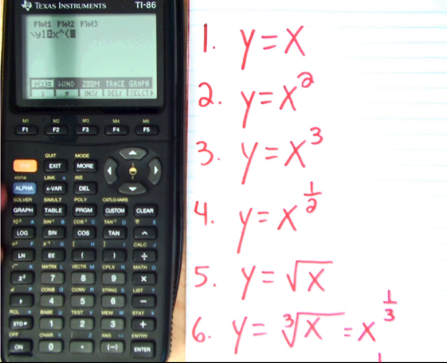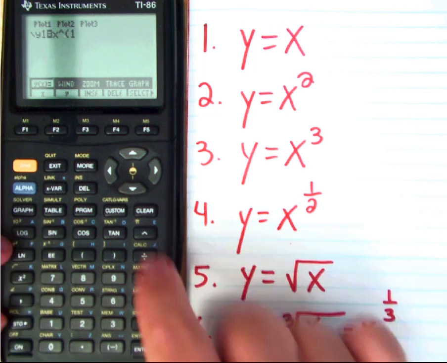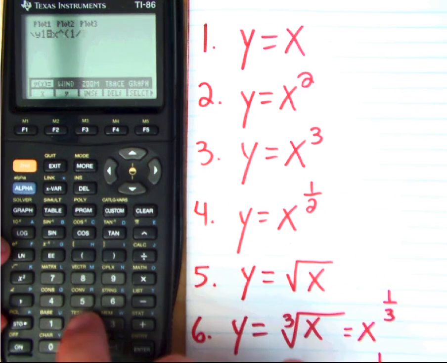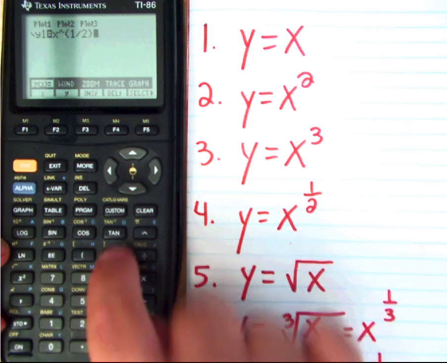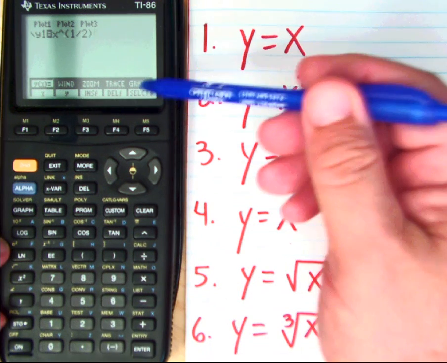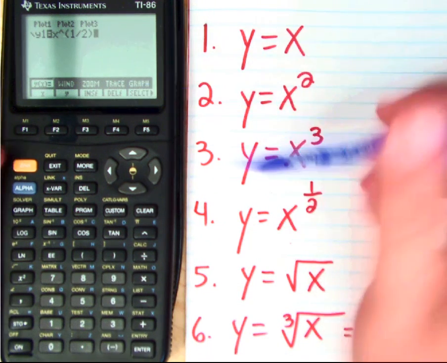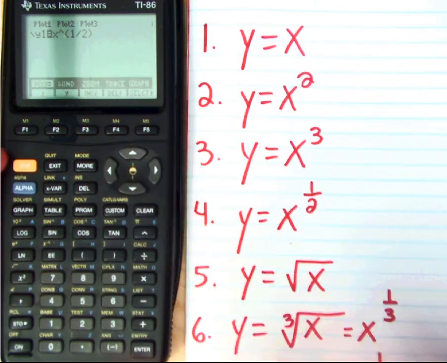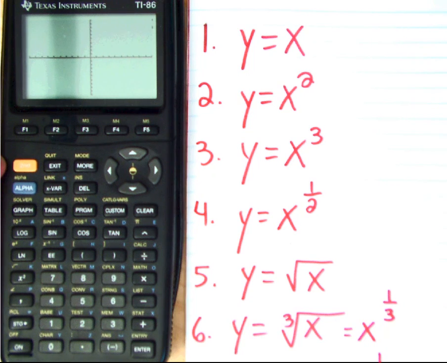So we do beginning parentheses 1 divided by 2, and then closing parentheses, and then graph. Graph is in the second bar here, so I do second F5. Slow. There it goes.